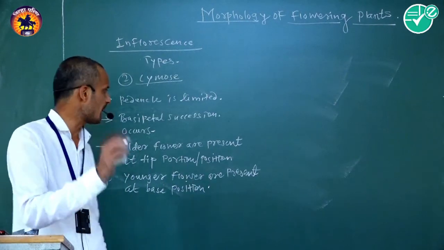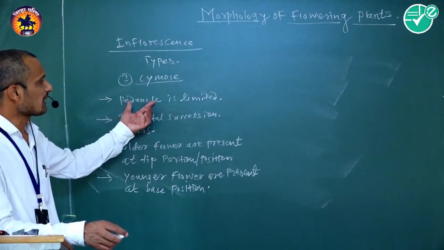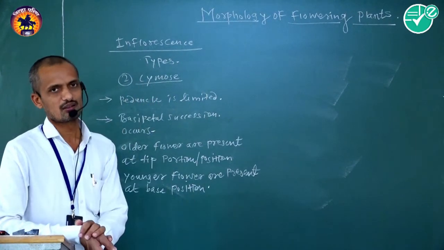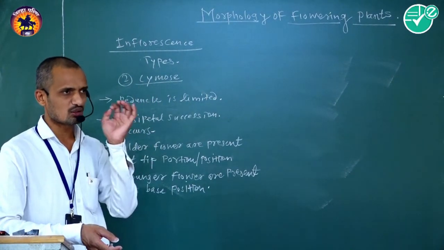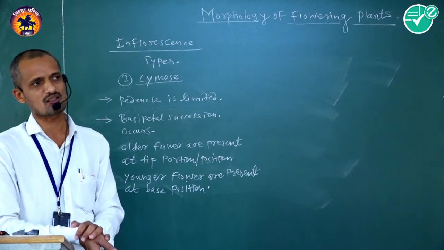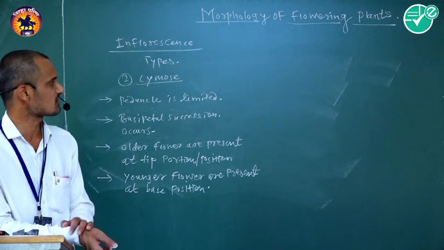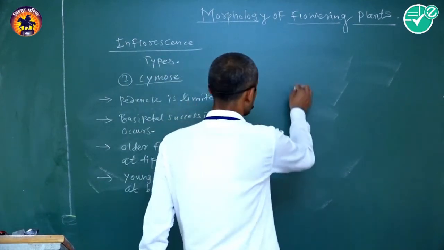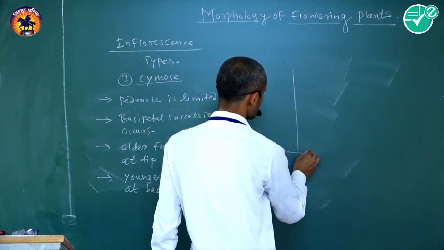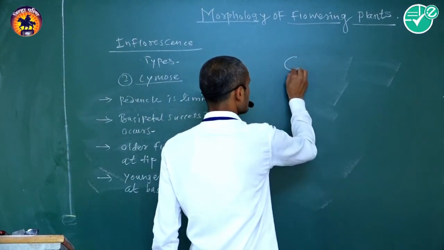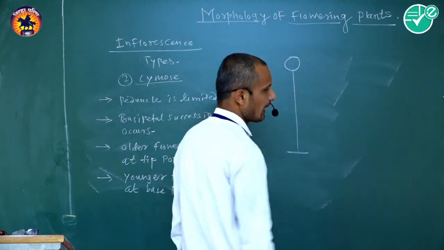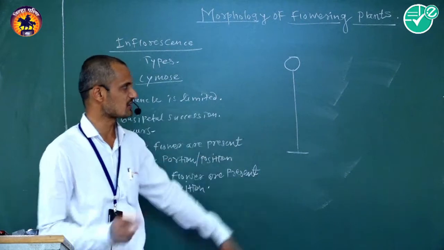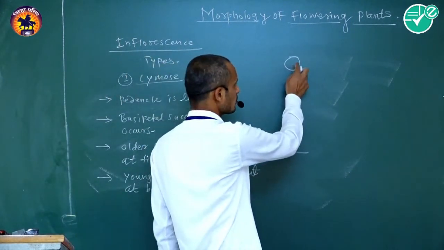During this type, the growth of the peduncle, of the inflorescence axis or main axis, is limited, because the older flowers are situated at the top portion, at the tip of this inflorescence axis.